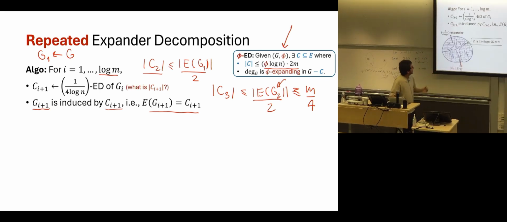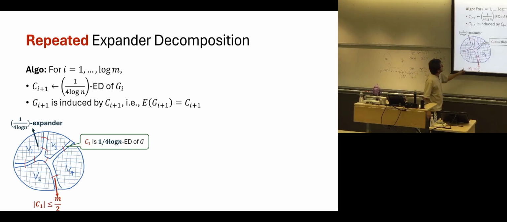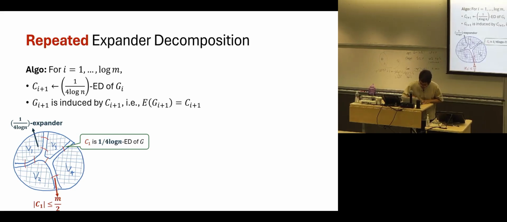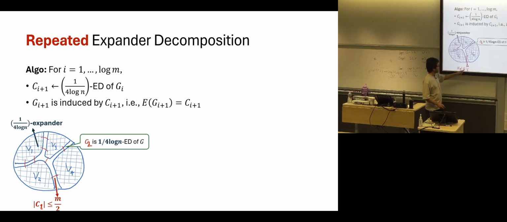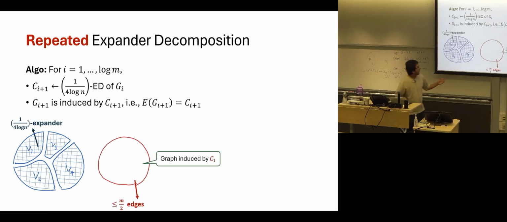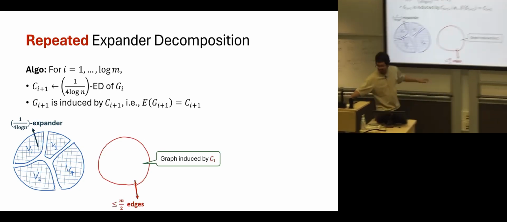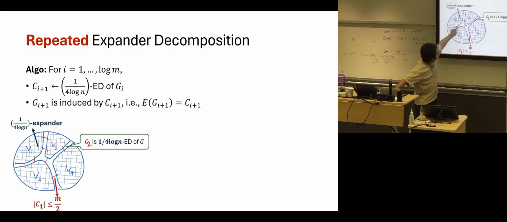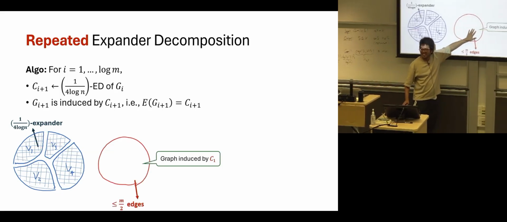Let's see this in a picture. I start with the graph, then compute an expanded decomposition. The cut is of size m over 2. Then I take the graph that is induced by the red edges here.